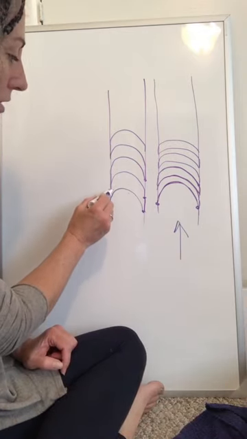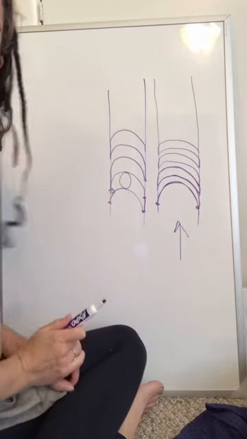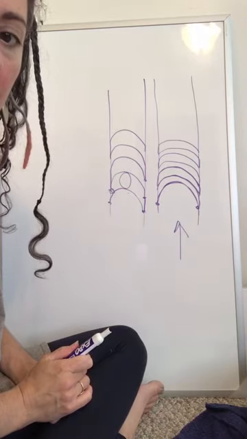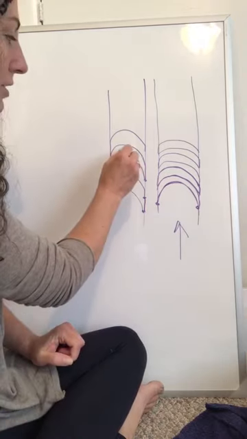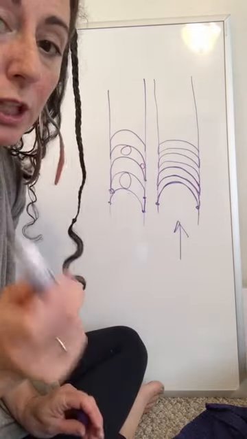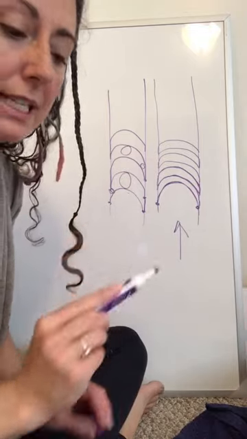Look at the distance between the two lines in the edges versus in the center. Look at the difference between those circles. The lines are way farther apart in the center than they are at the edges. And that's because even though it looks echoed, it's not echoed. It's the same shape repeating itself and repeating itself.